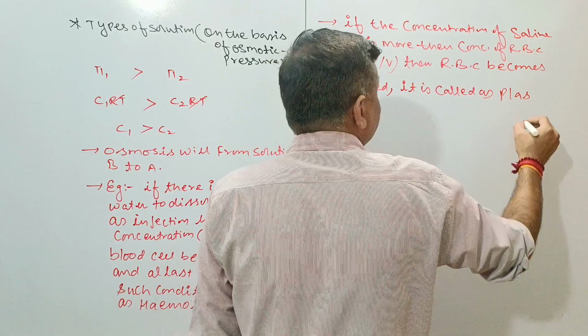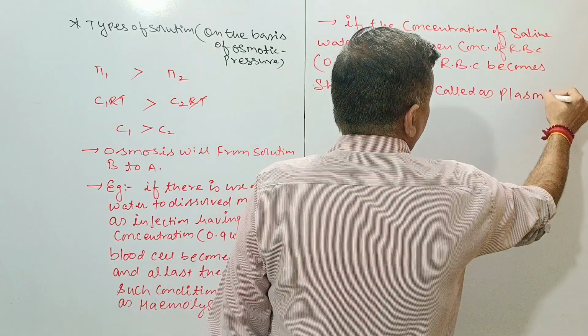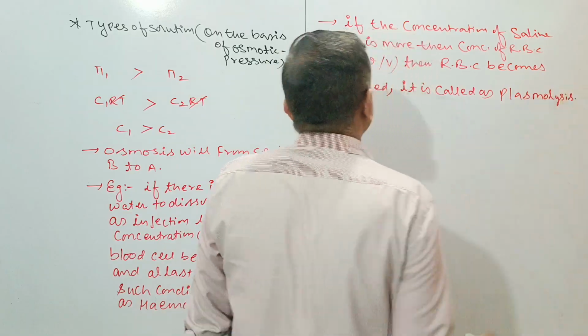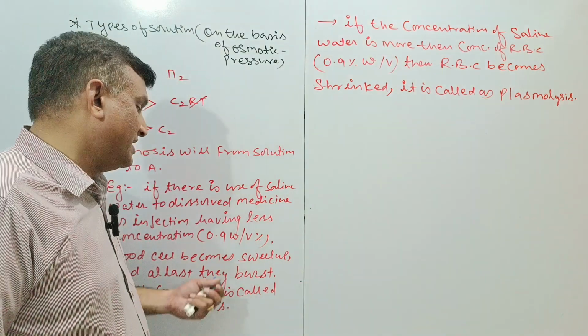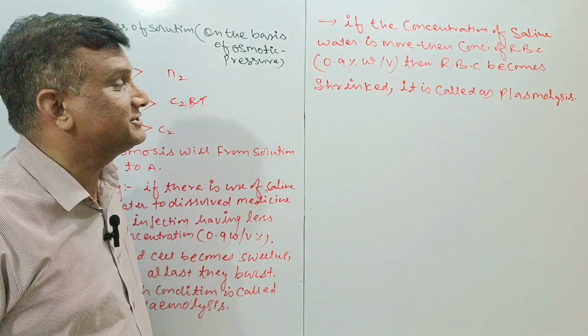It was hemolysis and this is plasmolysis. This was about the hypertonic and isotonic solution.